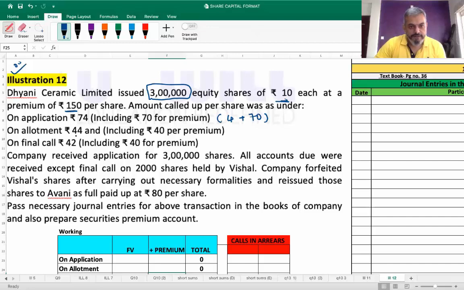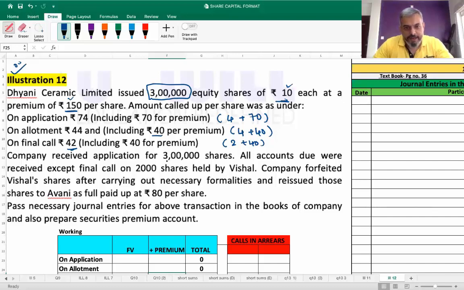On allotment 44 including 40 premium, so again 4 plus 40. And final call 42 rupees, so 2 plus 40. So 4 plus 4, 8 plus 2, 10; 70 plus 40 plus 40 is 150. So face value 10 and premium 150.